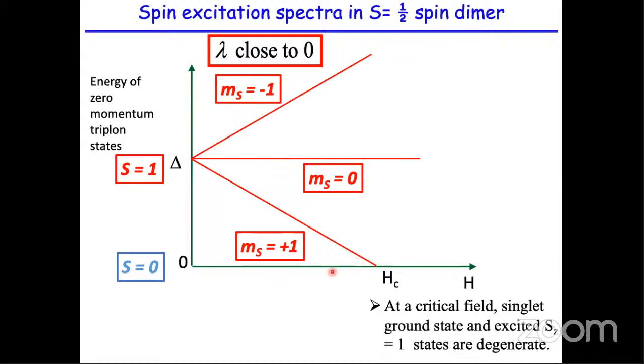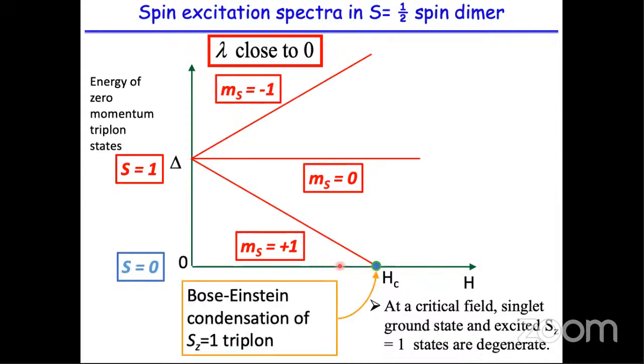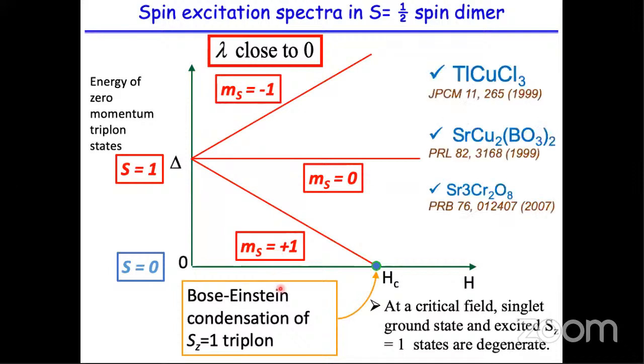So the 1,1 and 0,0 states are degenerate. And what is observed just below this critical field at a finite temperature is Bose-Einstein condensation of the Sz equal to plus 1 triplet. That has been observed in many systems, and it is extensively studied for the spin half dimer. Here are some of the examples you can go through.